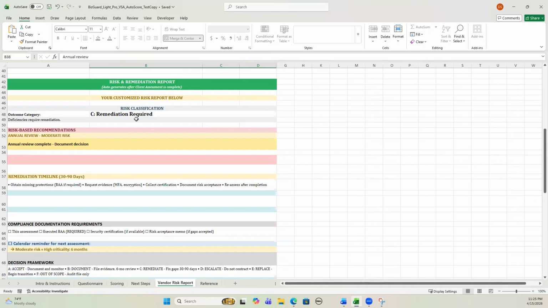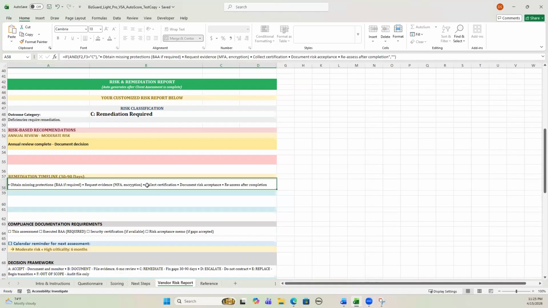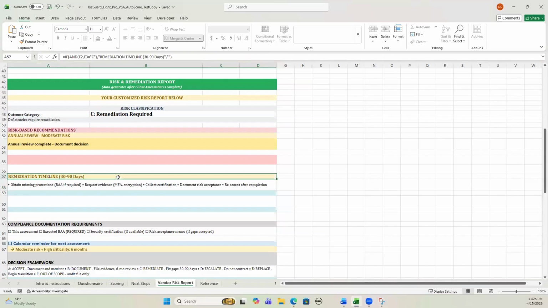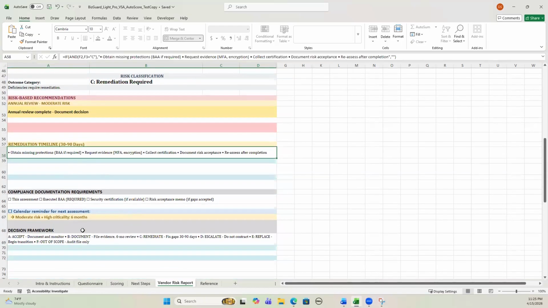This vendor has PHI access, full administrative access, a moderate risk score, and some control gaps, including AI usage with customer data. So the tool says basically fix these specific issues within 30 to 90 days, then reassess, right? Here's the time frame, here's the suggestion, and here's the additional information that you could find.